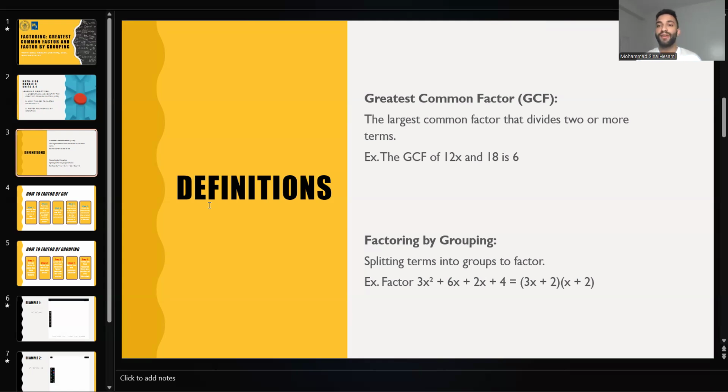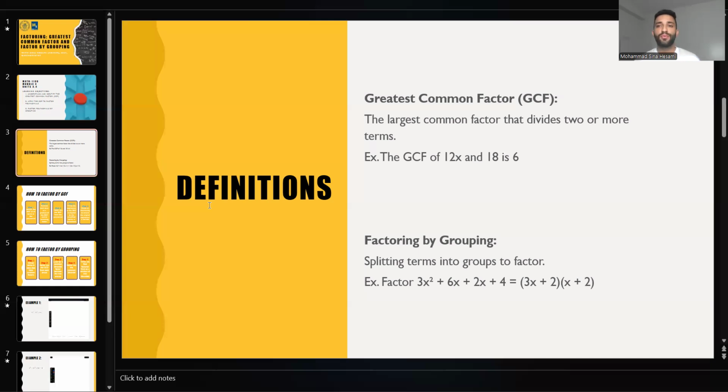Between 12x and 18, we have the factor 6 that is common, because if we rewrite 12x as 6 times 2 times x, and we rewrite 18 as 6 times 3, we can identify that 6 is common between these two terms.